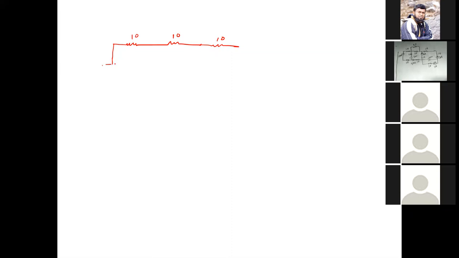So what comes here for us? 100, then this is the 10 ohm, this is this, and now, okay, this is one current, maybe one current. This current may be 2 ampere.